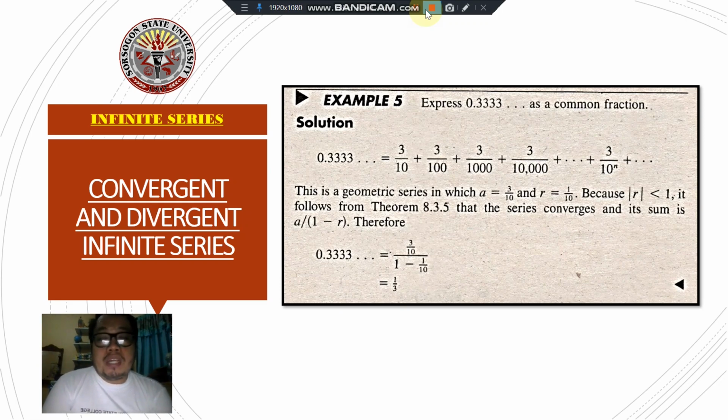That is the common fraction that is equal to 0.333, up to infinity, the given repeating decimal.